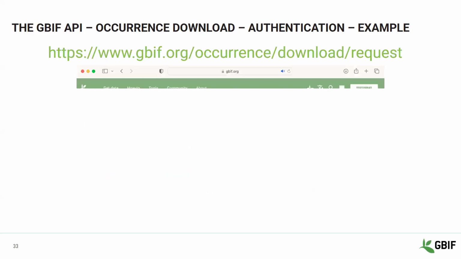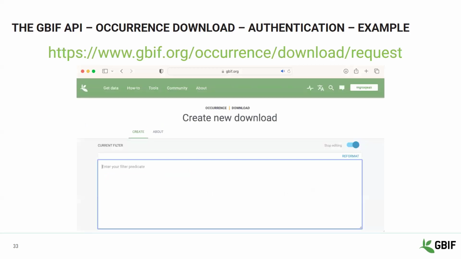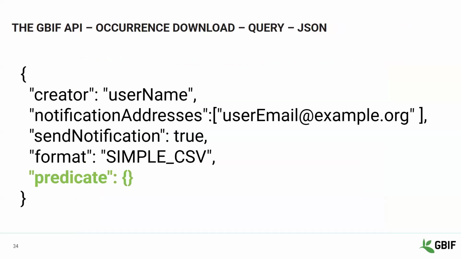If you go to this particular website, and if you are familiar with JSON and brave enough to play around with it, this is a good tool that you can use. You can go here and write queries in JSON, and then you can get the data download.